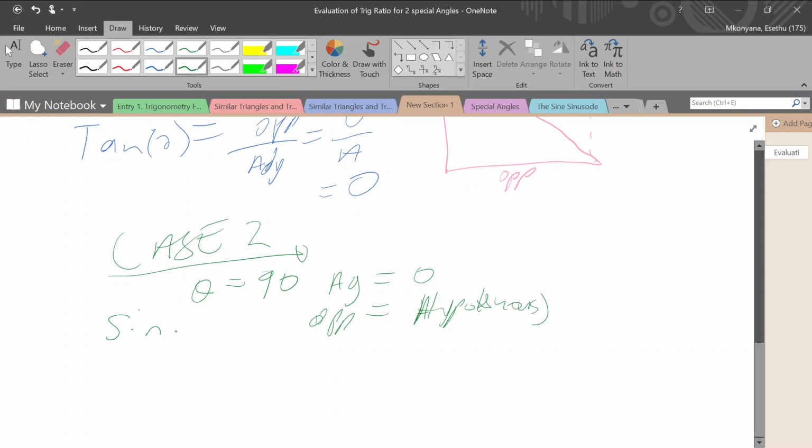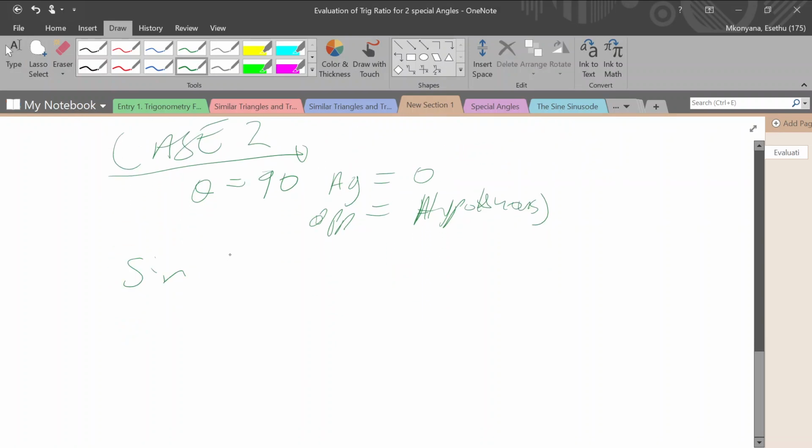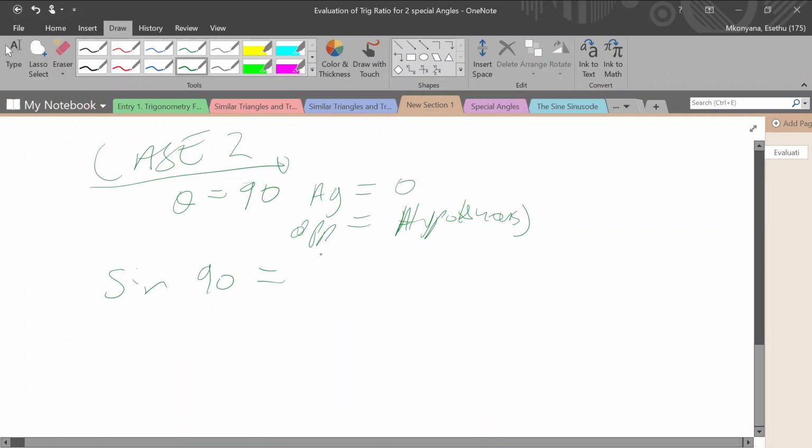So sine of 90 is going to be equal to opposite over hypotenuse, but the opposite and hypotenuse are equal. So sine of 90 is going to be 1, dividing equal numbers.